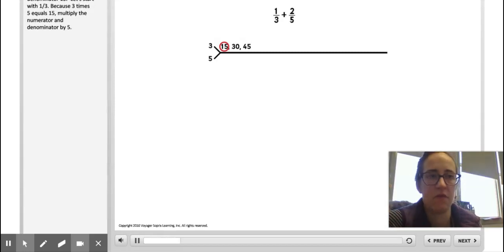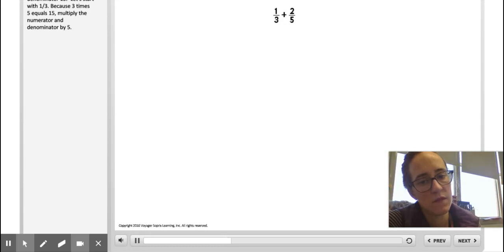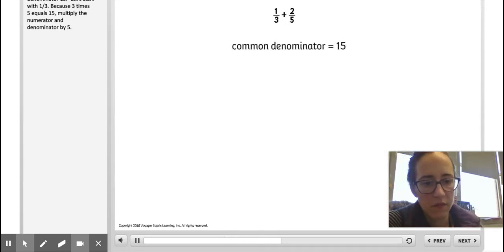Now we need to make equivalent fractions for 1/3 and 2/5 using the common denominator 15. Let's start with 1/3. Okay, what do I multiply 3 by to get to 15? 3 times 5 equals 15, so multiply the numerator and denominator by 5.